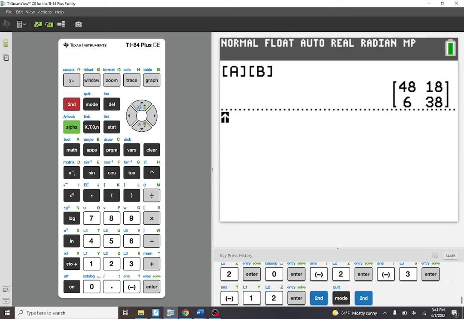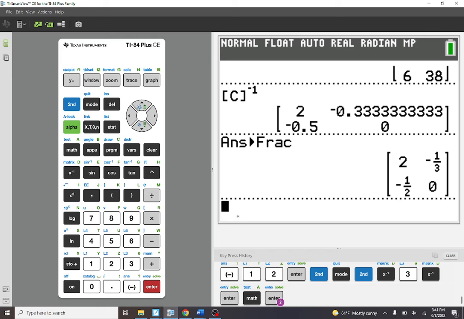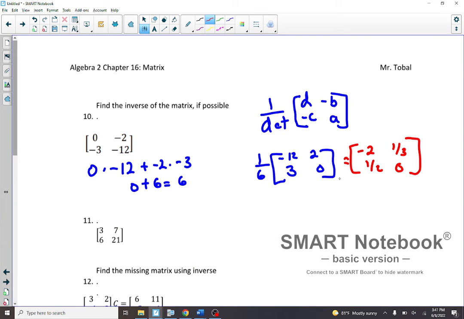Then, since it was matrix C, I'm going to put matrix C and go to the negative 1 power. You want to click the negative 1 power button, the same button you've been clicking for matrices. Press enter. And you may not be sure that's the answer, even though it should be clear this is a third and this is a half. You always could click math frac and change that to fractions. Hey, that looks like the answer I got earlier.